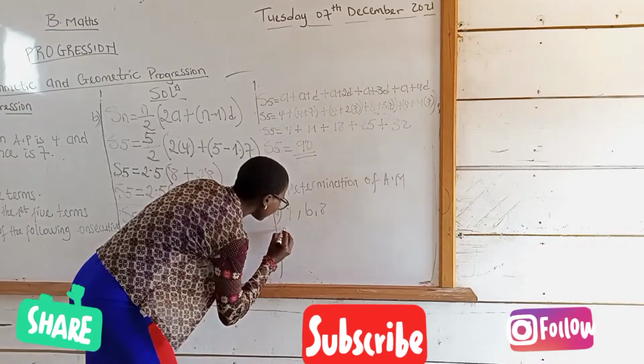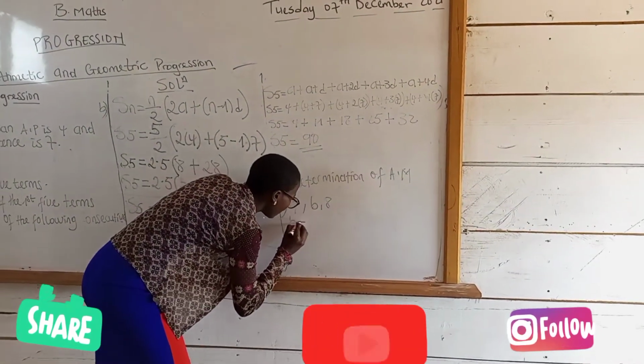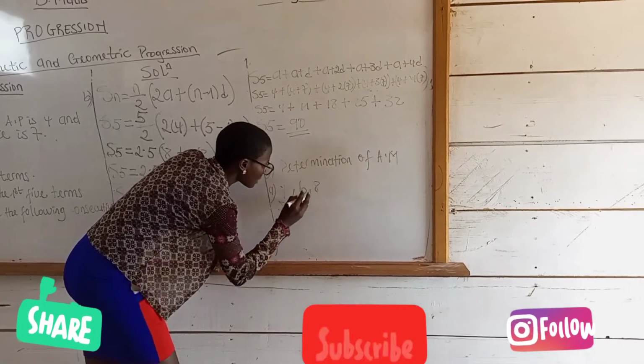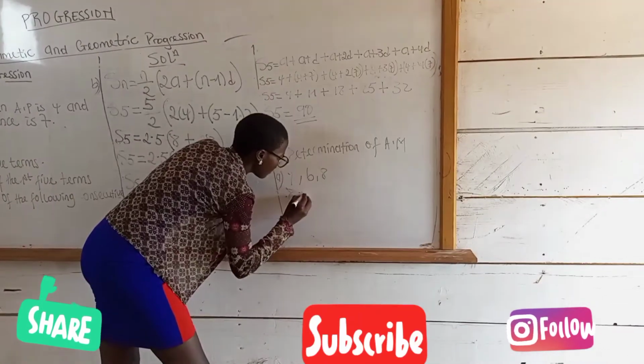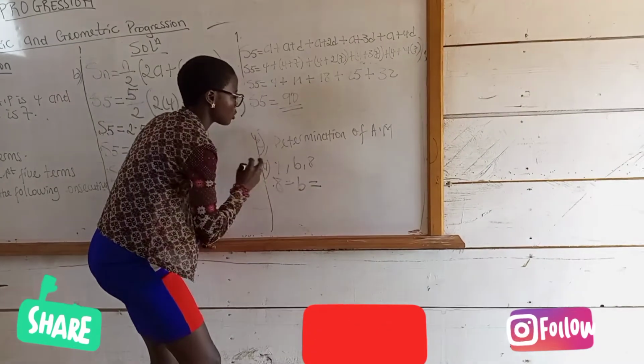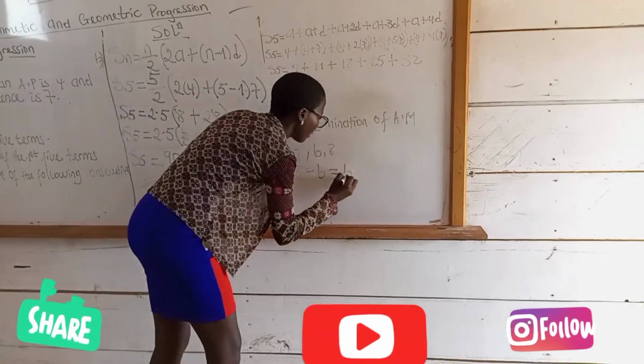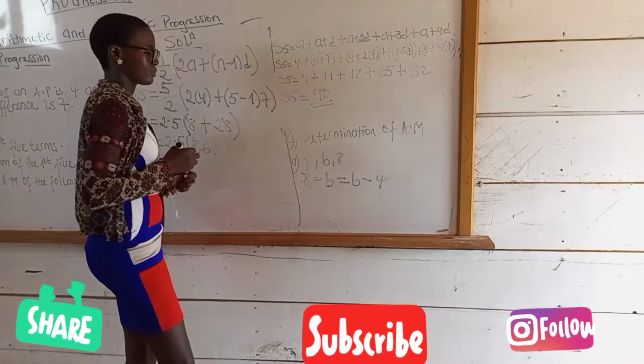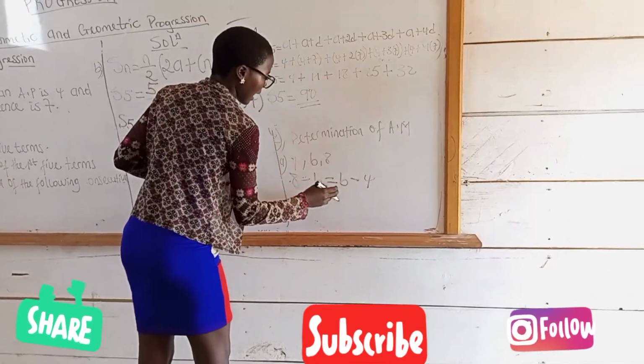We know that if you take 8, which we represent as C, minus B, it will be equal to B minus 4. Then we bring our items together.